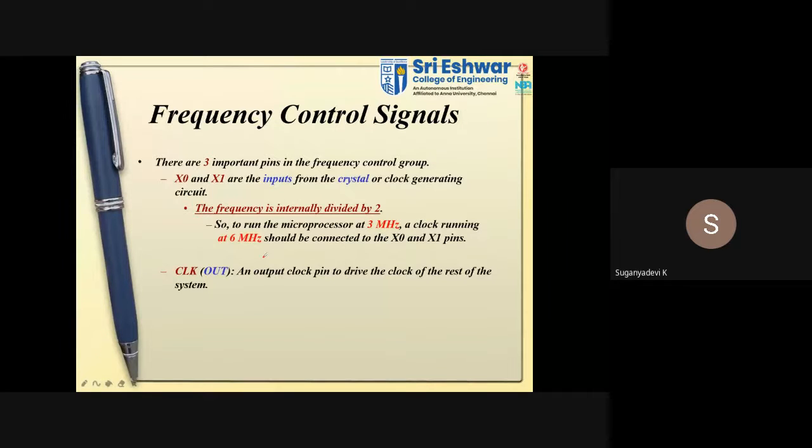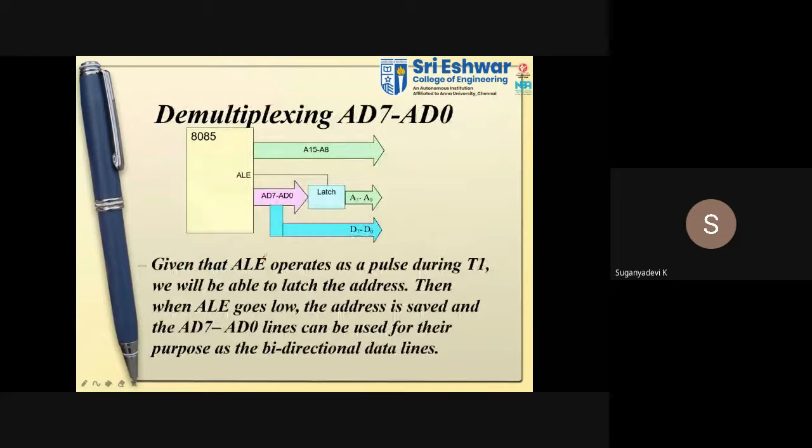Right. Next comes multiplexing and demultiplexing. Multiplexing is nothing but combining one or more signals with each other. Demultiplexing is dividing the combined signal into individual ones. From the diagram, you can easily understand. Here we have the 8085.